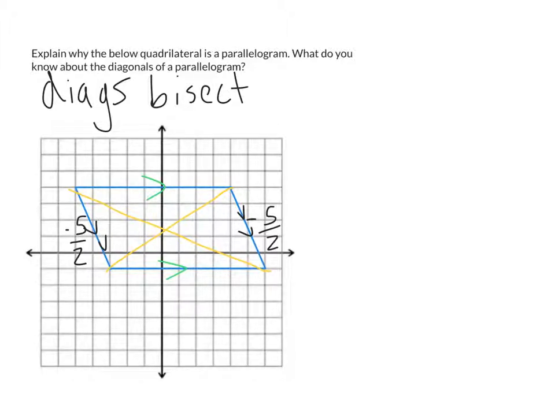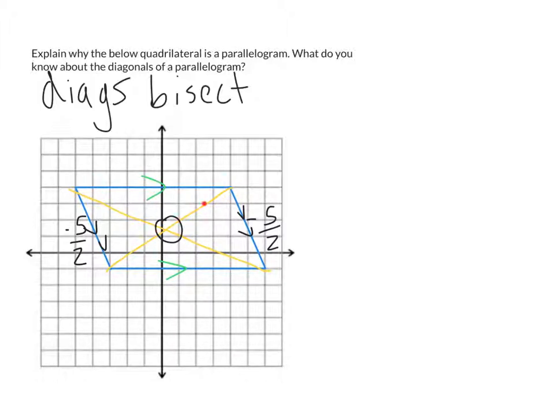Well, what would that mean? That means they split each other in half, right? So this point here, where they split, what would we know about that point? Well, we would know that the midpoint of this guy here, the middle of this one should be the middle of this one.